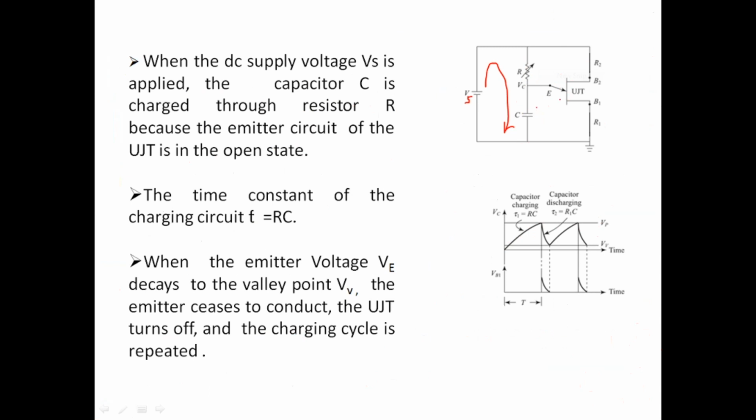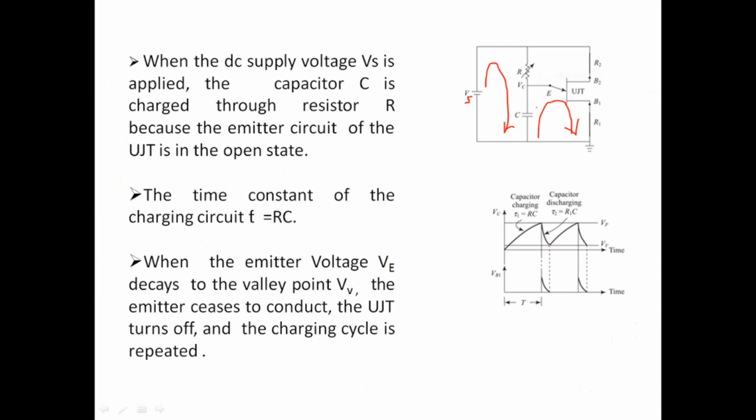From here onwards I will say that the UJT is turned on. So the capacitor will discharge in this way as soon as the UJT turns on, that is, when the capacitor voltage reaches VP. Here I have shown the charging cycle of the capacitor. Charging happens through resistor R, whose value is very high, so charging time is more. Discharging happens through the capacitor and the UJT base, whose resistance is very small because the UJT is already turned on, so the discharging time is very small.